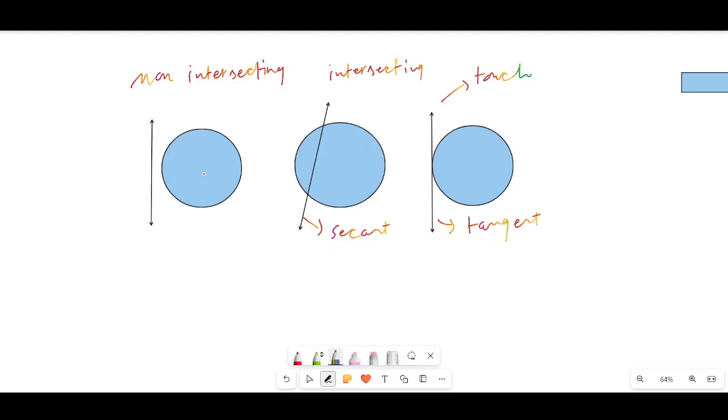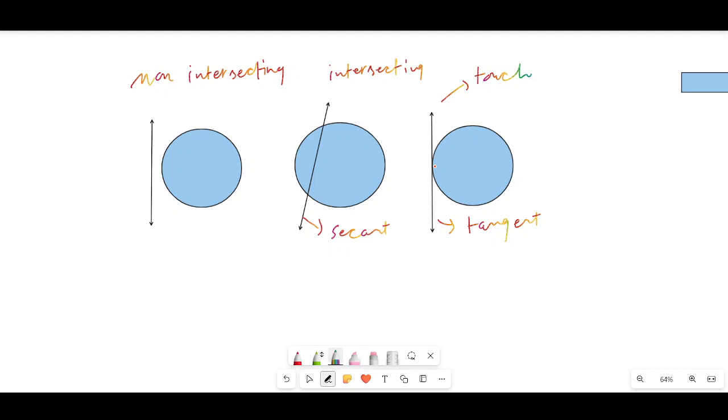With respect to the circle, the non-intersecting line has no common point, the secant gets 2 points, and the tangent gets 1 point.